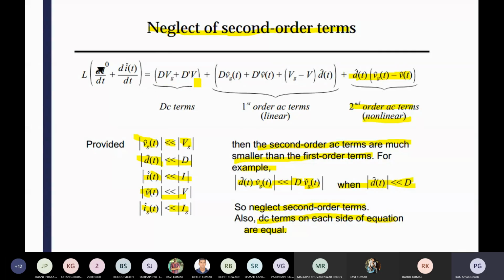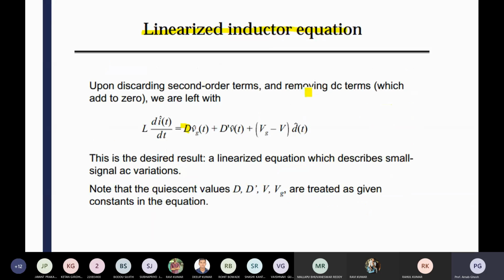And D dash we take common, so we will get capital V plus v cap t, plus VG minus V within brackets d cap t. That is directly the expression of inductor voltage. I think all of you are able to understand, so there is no confusion.